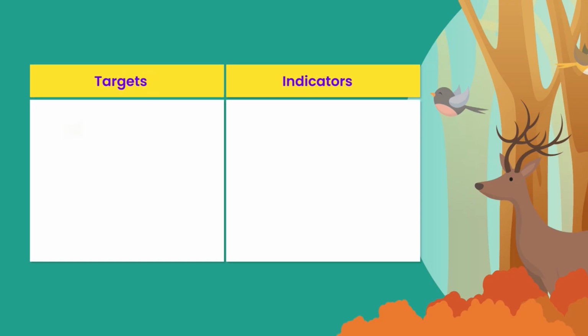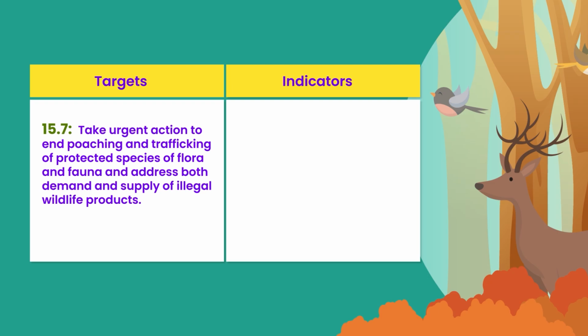Target 7 focuses on taking urgent action to end poaching and trafficking of protected species of both flora and fauna, addressing the demand and supply of illegal wildlife products. When we talk about stopping poaching and trafficking, it is because of demand as well as supply.